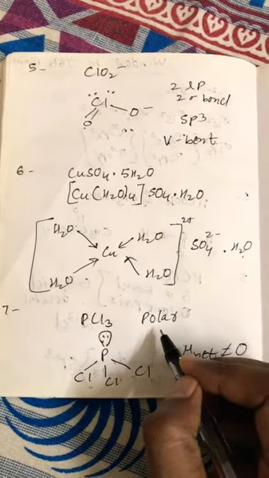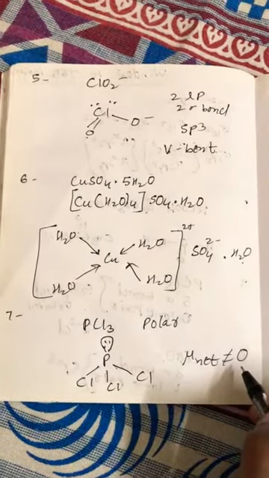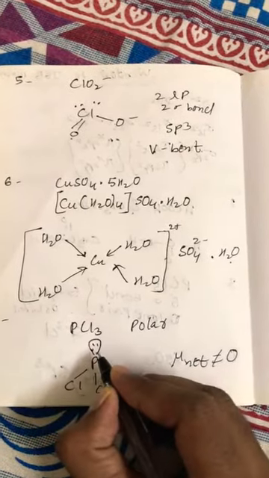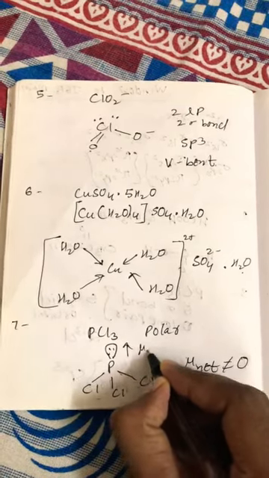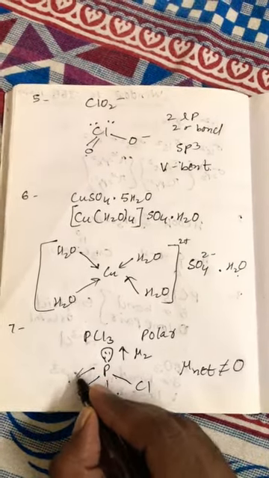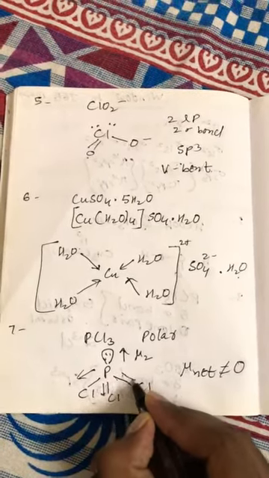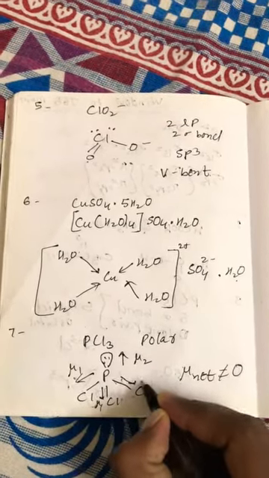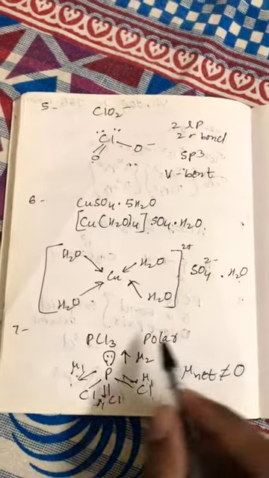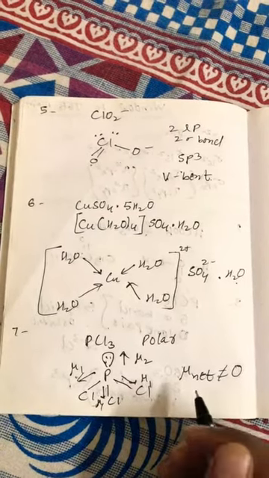Question number 7. PCl5 is polar because its dipole moment is not equal to 0. Dipole moment of lone pair will be in this direction. We can say it is mu2, and dipole moment of P and Cl bond will be in this direction and it is mu1. So here both dipole moment will not get cancelled out.